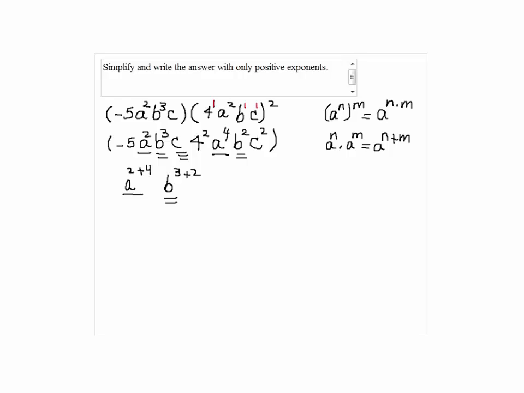That would be b to the power of 3 plus 2. And when I combine the c's, this would be c to the power of 1. So I would have c to the power of 1 plus 2.